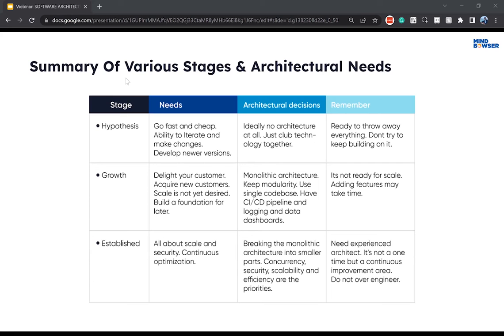But in the established stage, once new requirements started coming and new functionalities were being incorporated based on business revenues and requirements, we started splitting the monolith into microservices. But availability and scalability were well planned from the growth stage.